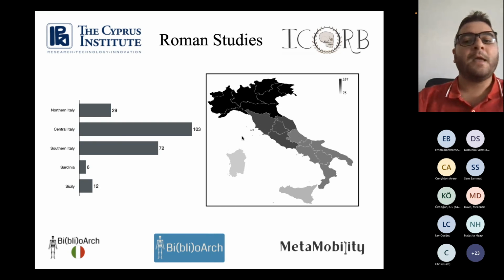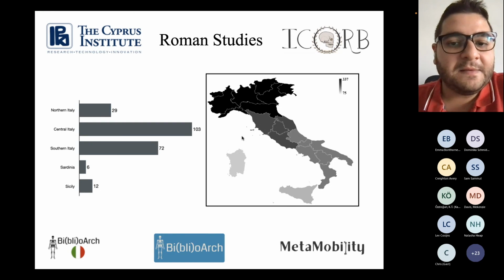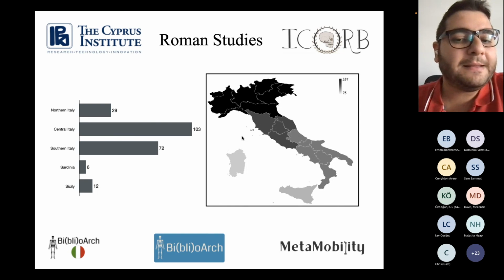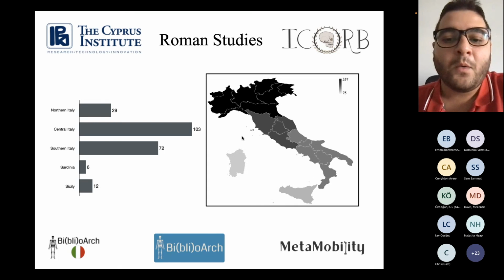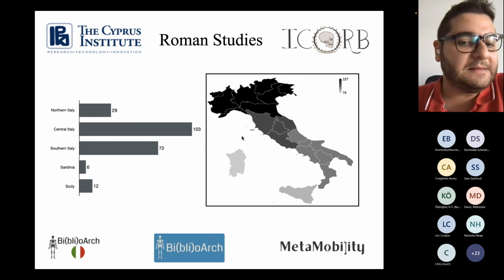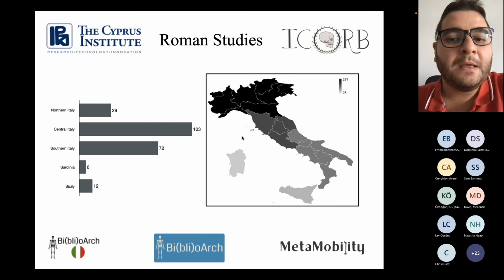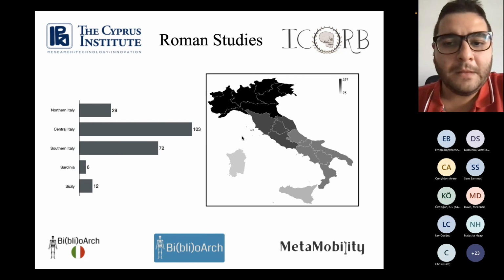So this might also be a reason why Southern Italy has a high number of publications. While on the right, we can see instead the number of papers per geographical area from the Paleolithic till modern age. And what we see is a different picture. We see Northern Italy having the highest number of studies with 337, with Sardinia and Sicily being the least studied, so there is this little change.